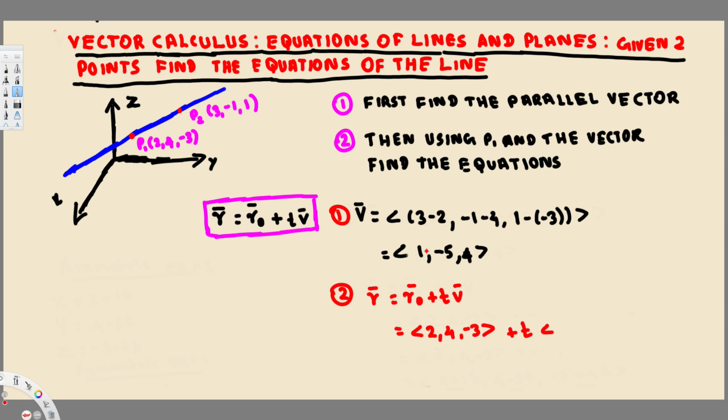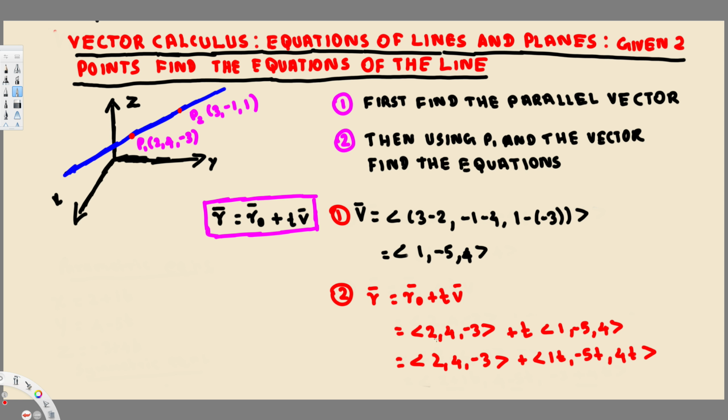V is what we found out in the first question, that is 1, minus 5, 4, right? Now let's multiply the t with v. This is going to remain the same, 2, 4, minus 3, and then if we multiply t with this one, that's going to give us 1t, minus 5t, 4t, right? So this is our vt.